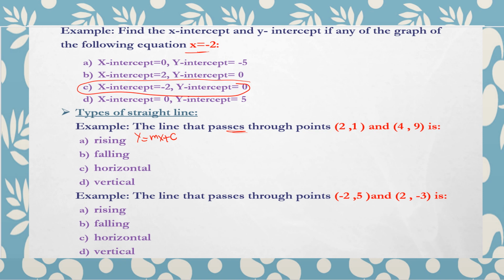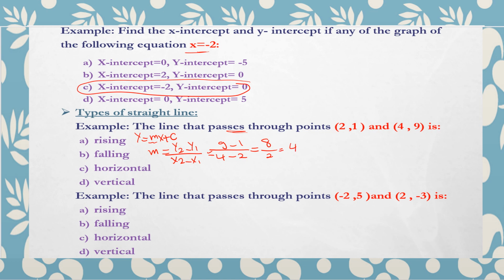We should first find m, which is the slope, and m equals the change of y by the change of x, or the vertical change by the horizontal change. So y2 minus y1 over x2 minus x1, and this equals 9 minus 1 over 4 minus 2. 8 over 2 equals 4.